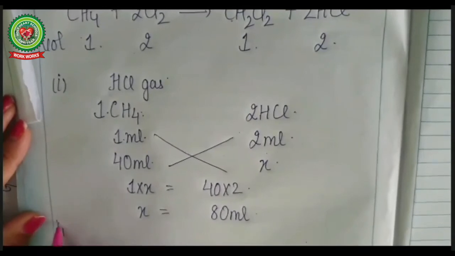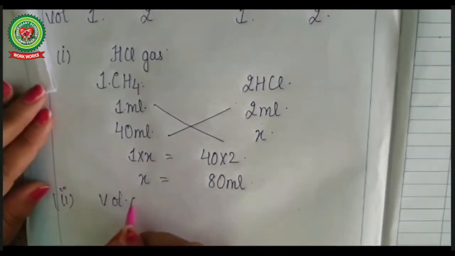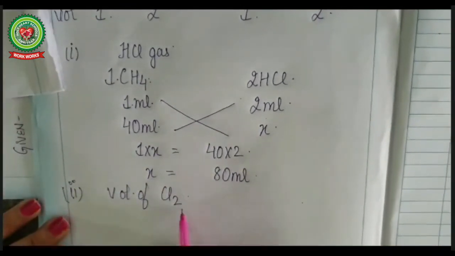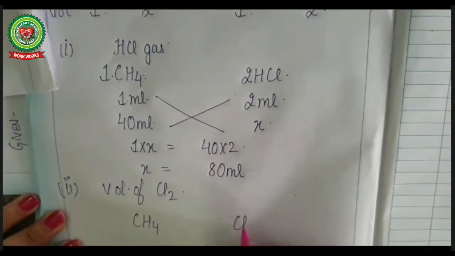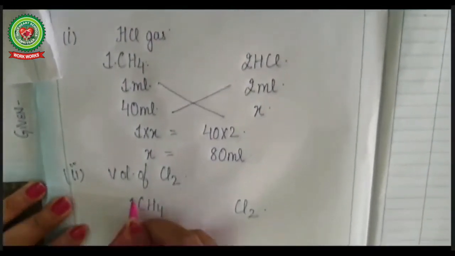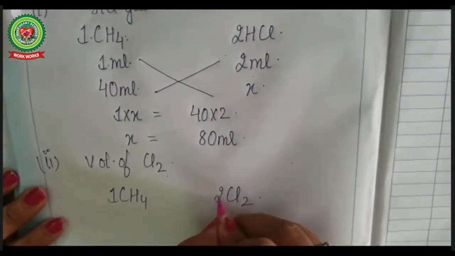Similarly, we are going to solve part 2. In this, we are going to calculate volume of Cl2. So now we are going to consider CH4 and Cl2. According to equation, CH4 is 1 mole and Cl2 required is 2 mole.